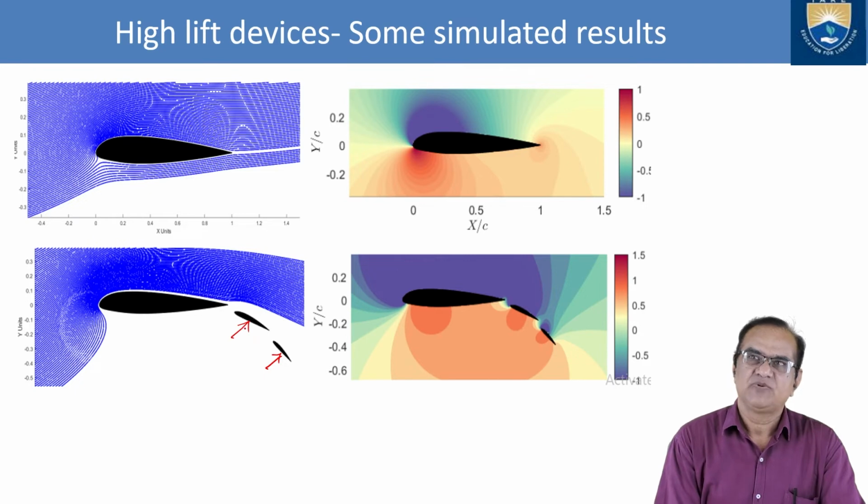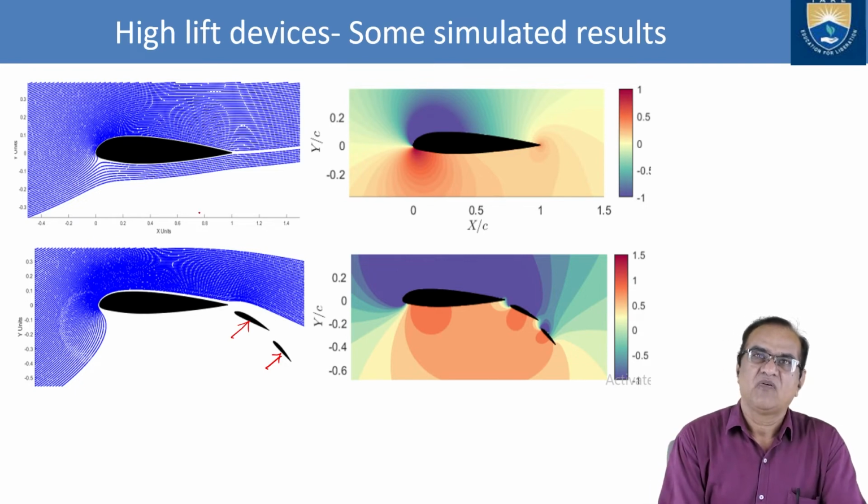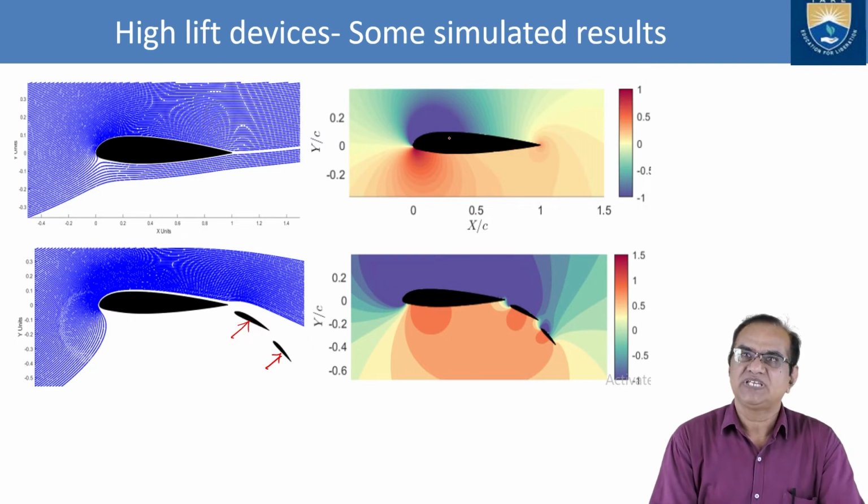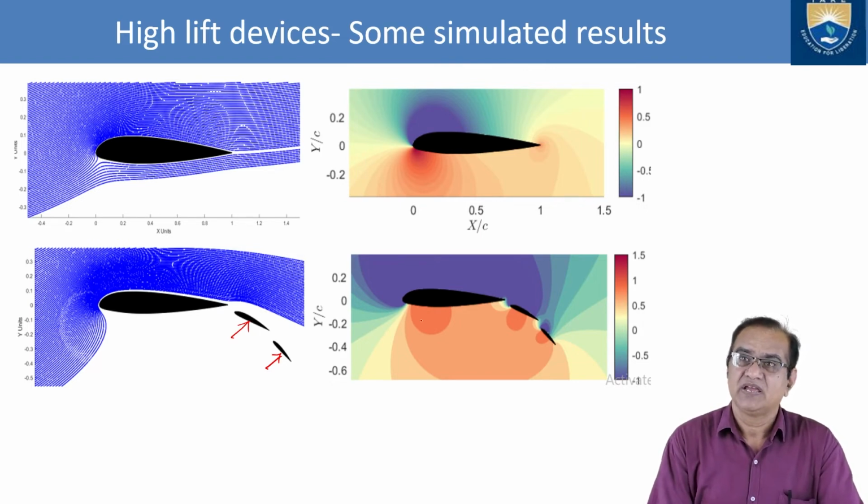And you see the flow distribution is totally different between this and this. Here y by c is the vertical distance and this is the horizontal distance. Here it is very high pressure, and here is low pressure.